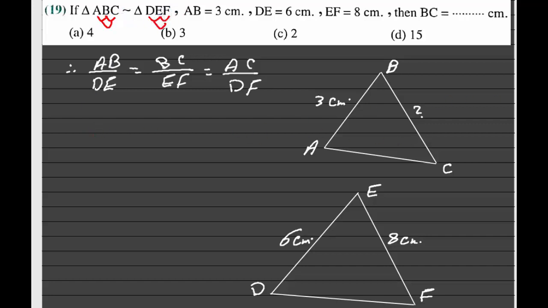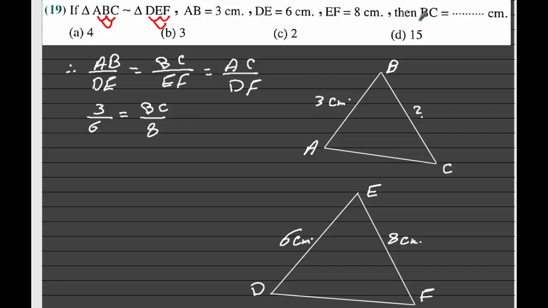And now we substitute by numbers here. AB equals 3 centimeters, and DE equals 6 centimeters, equals BC, which is unknown, required, over EF equals 8.